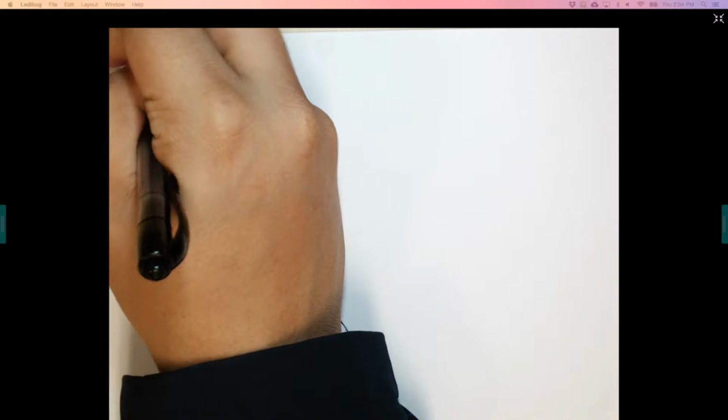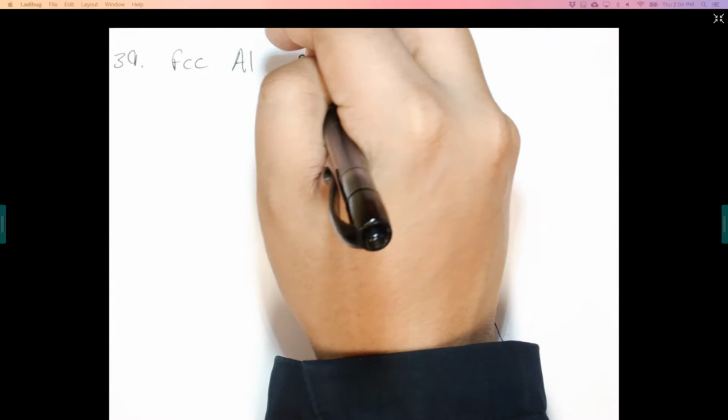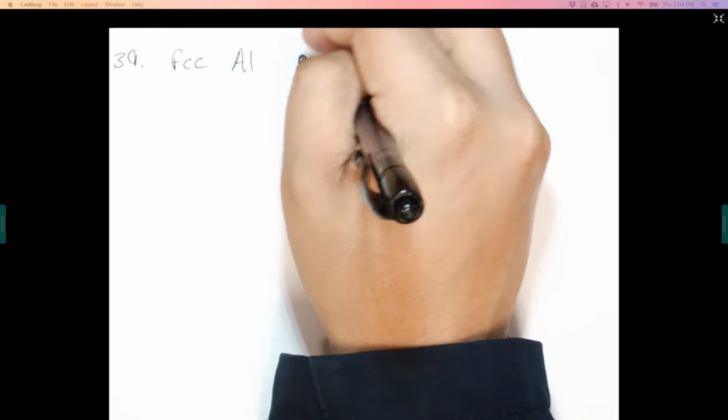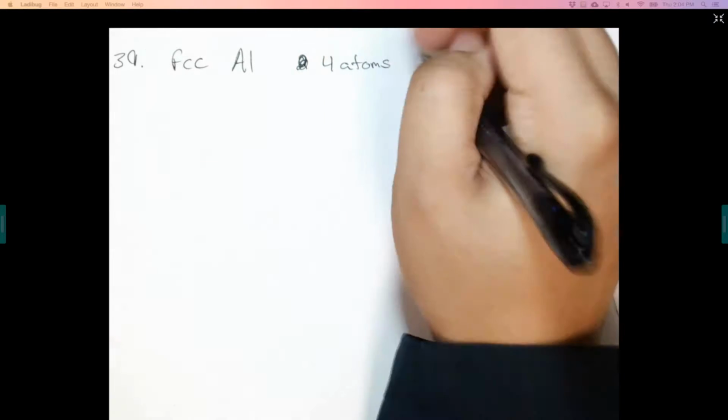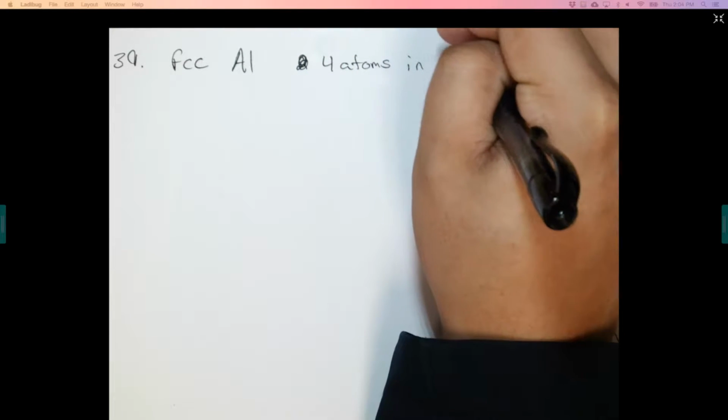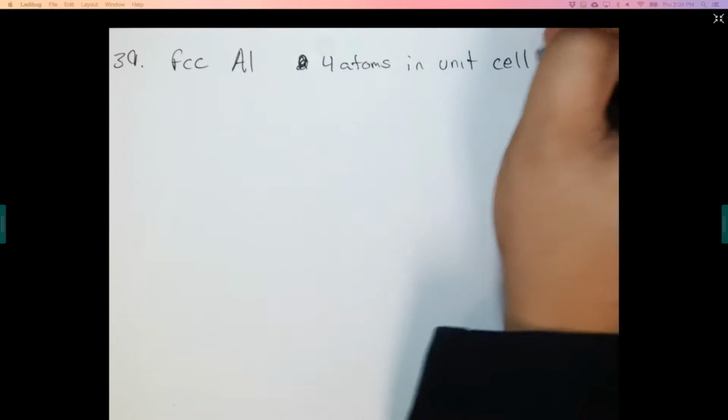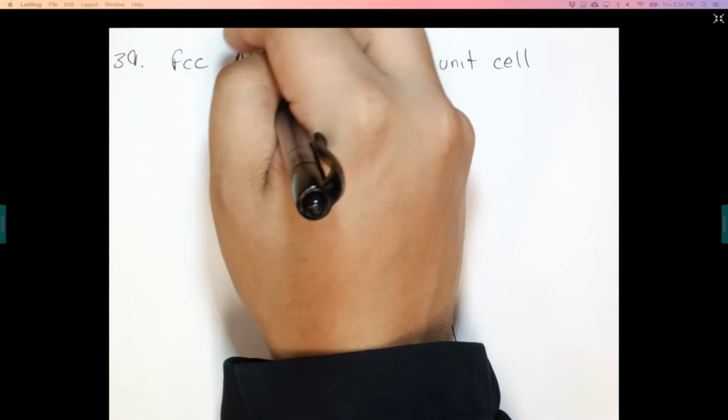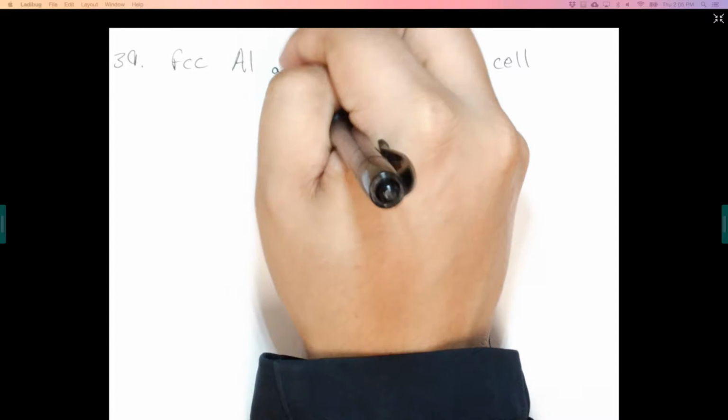First, from the conceptual standpoint, again, this is question number 39. We're working with face-centered cubic aluminum, and face-centered cubic aluminum has 4 atoms in the unit cell, and the coordination number is 12.